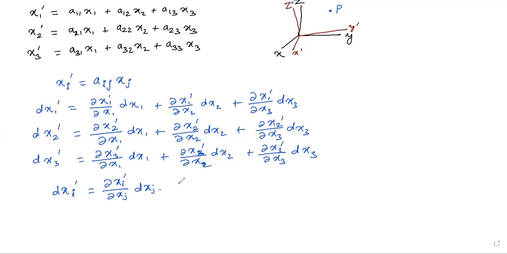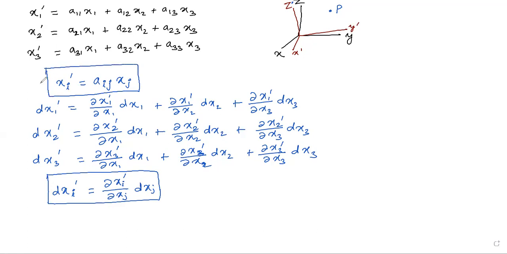I'll change it back to superscript notation later on. Okay, so this is how the coordinate differentials are related for arbitrary coordinate transformations. And this is how the coordinates are related for transformation from one Cartesian coordinate system to another Cartesian coordinate system through a rotation. Okay, so far so good.